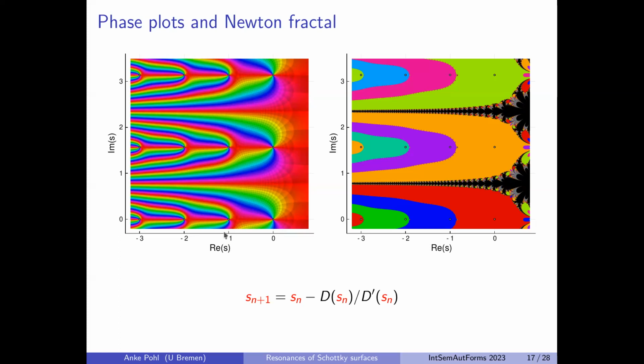Here you see another feature which was also visible before. If you try to hit anything else but red, you will be transported by Newton's method directly to a zero.